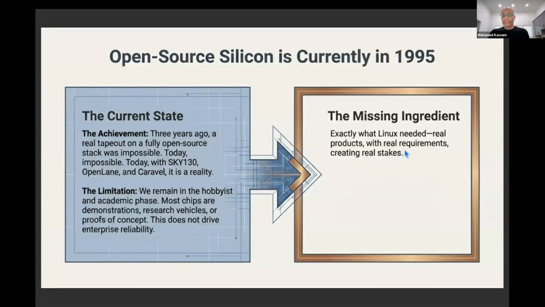Now, our current state in open source silicon: three years ago we got the open source process technologies, Sky130, followed by GF 180 and then IHP. But we remain in the open source piece, not because Chip Foundry's commercial customers are not open sourcing their designs, but because for open source designs, they remain demonstration vehicles and are not going to a complete usable product.